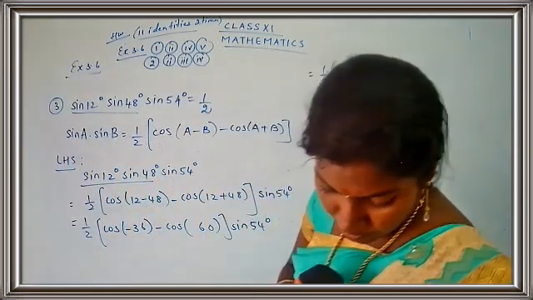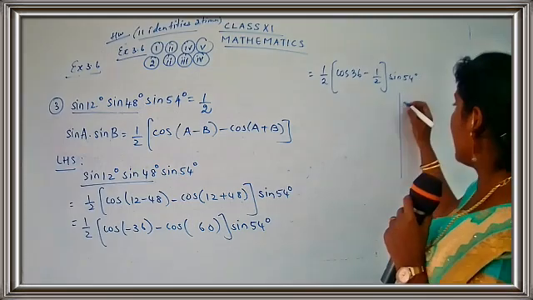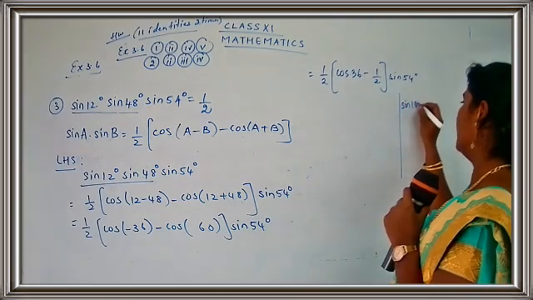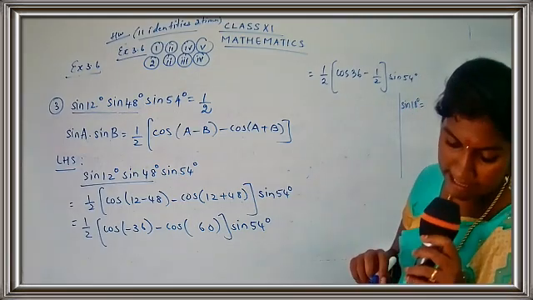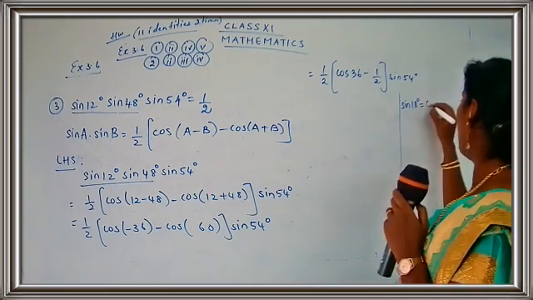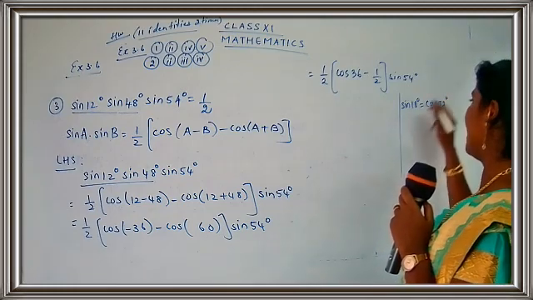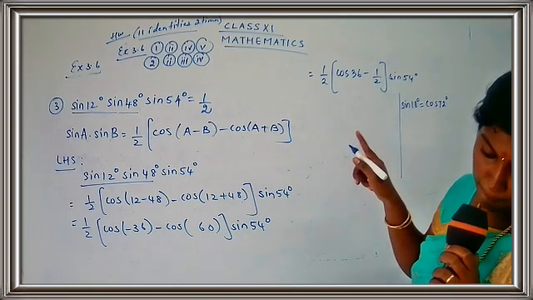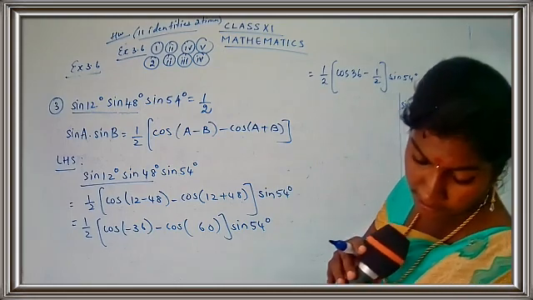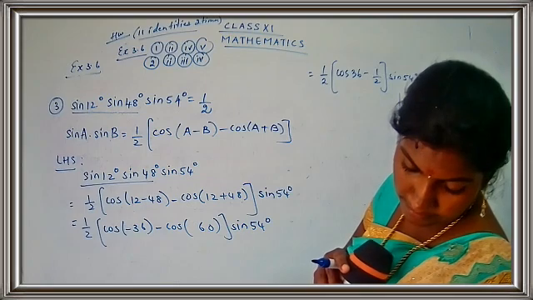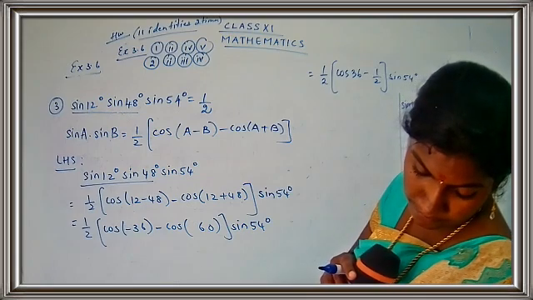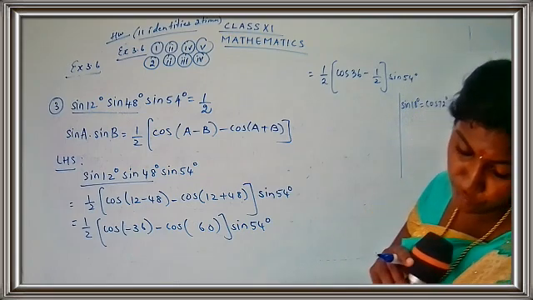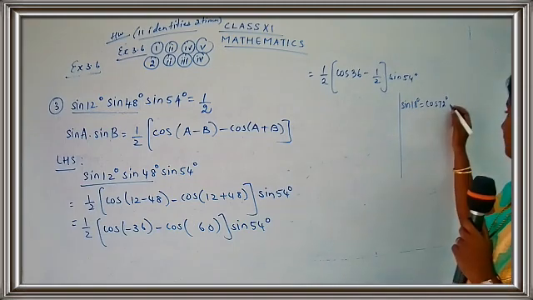So we have the formula for sine 18 degree. Sine 18 degree is equal to cos 72 degree. These two values are equal, and the value is root 5 minus 1 upon 4.